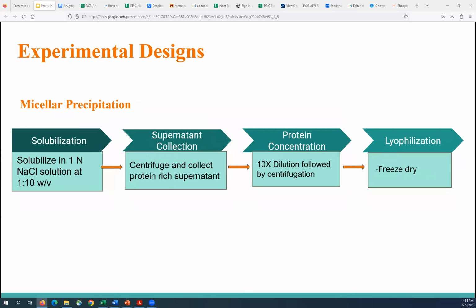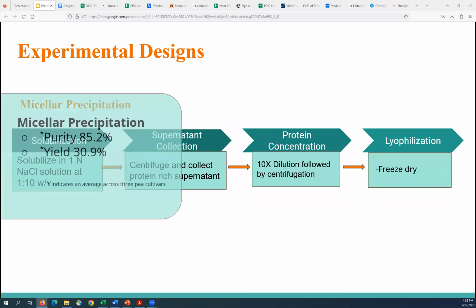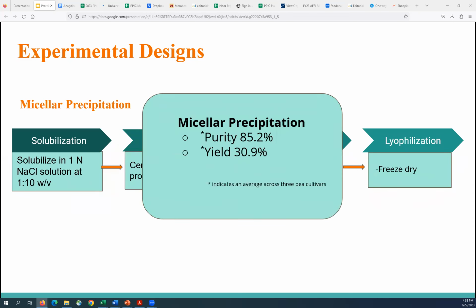Micellar precipitation: the first step is solubilization, and then centrifugation, protein concentration, and freeze drying. The results are as follows. Sorry, the yield is around 30.9%, and the purity is around 85%.